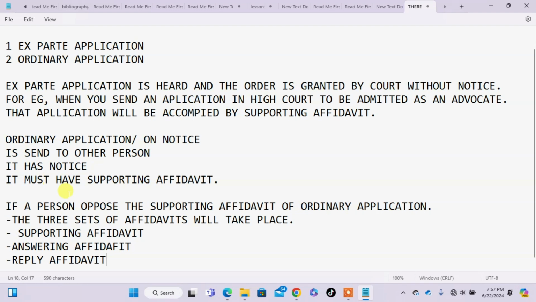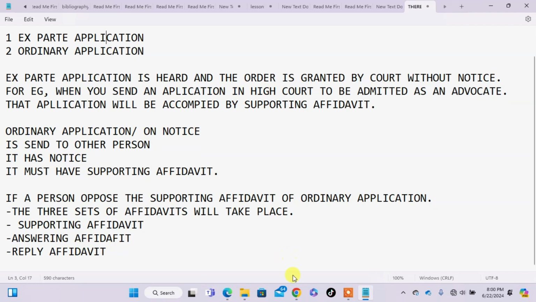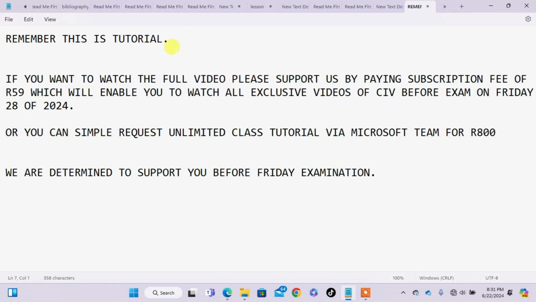That person can choose not to oppose, and then the matter will end here. If they oppose, then three sets of affidavits will take place: the supporting affidavit, the answering affidavit, and the reply. I hope now you have understood this tutorial.